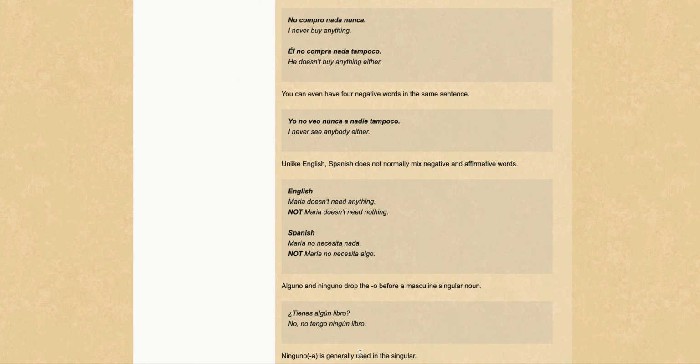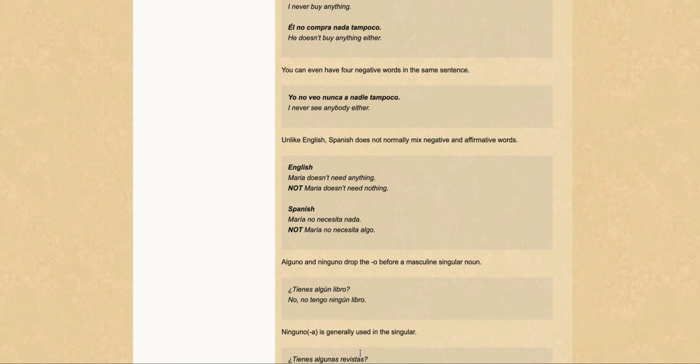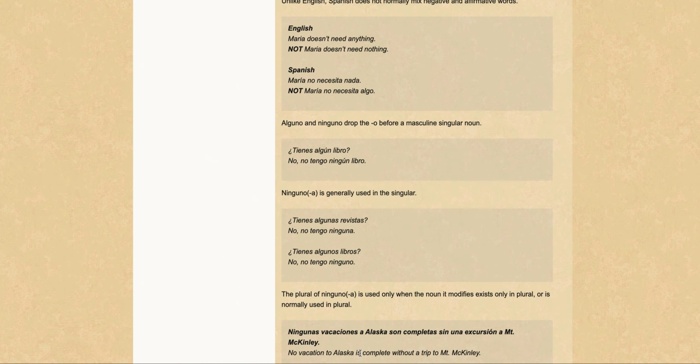It's basically used in the singular form, unless the noun that it modifies exists only in plural, like vacaciones.